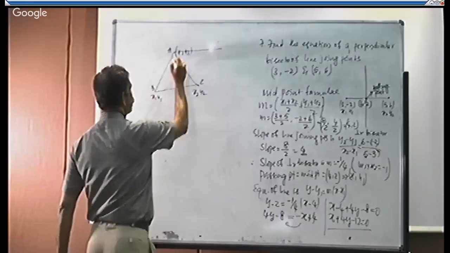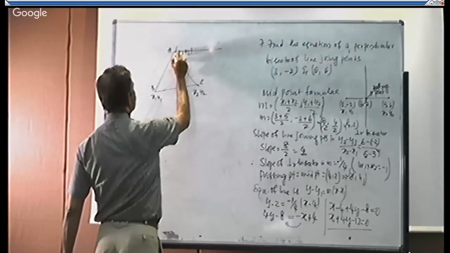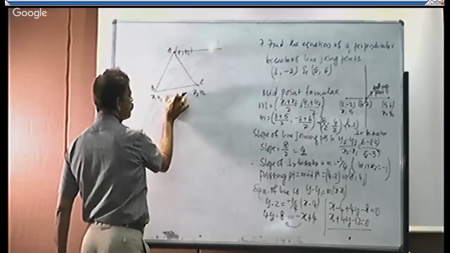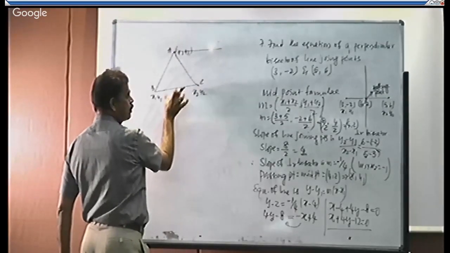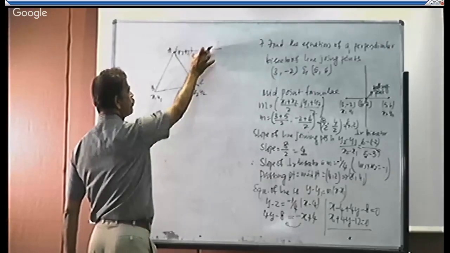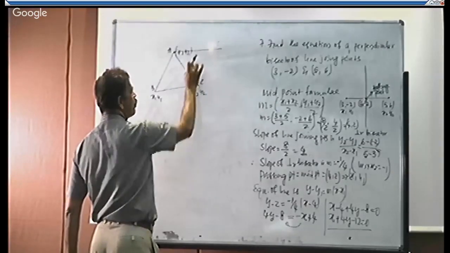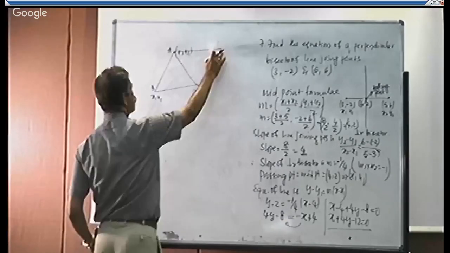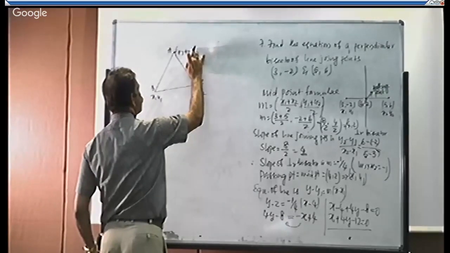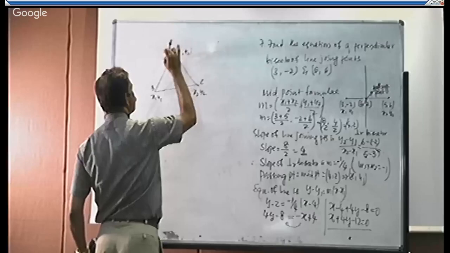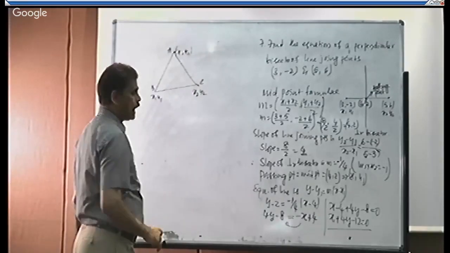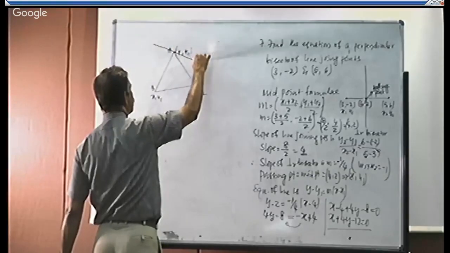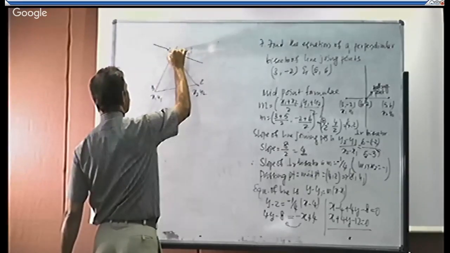So here the passing point is this, correct? And this is parallel to BC. If you know the slope of BC, that will be taken as the slope of this line because these two are parallel. Suppose they ask you the equation of a line which is passing through A and perpendicular to AB.